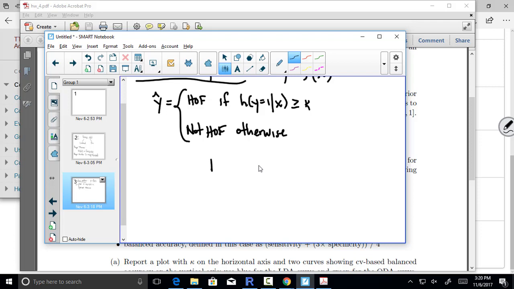So let's table this set of possibilities up. There is truth, that is for every player, whether they're in the Hall of Fame, the actual state. And there is our claim, or our prediction. So for each of these, we could have Hall of Fame or not Hall of Fame.